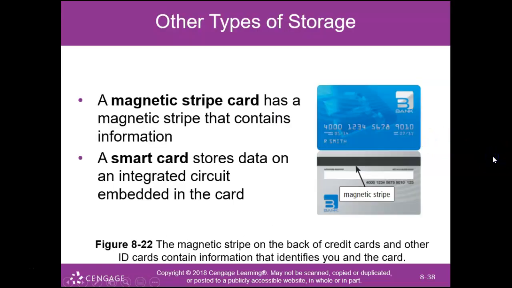Now, other types of storage include smart cards. Smart cards have significant benefits versus magnetic strips, sometimes just called mag strip cards, right? You can use them, for example, for healthcare information.